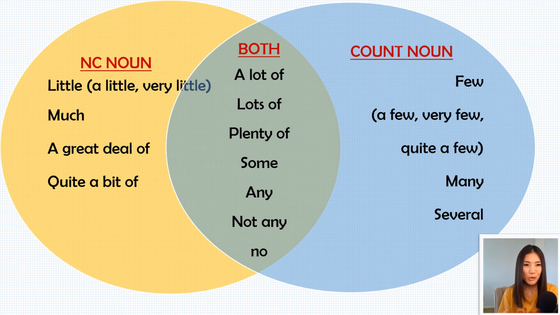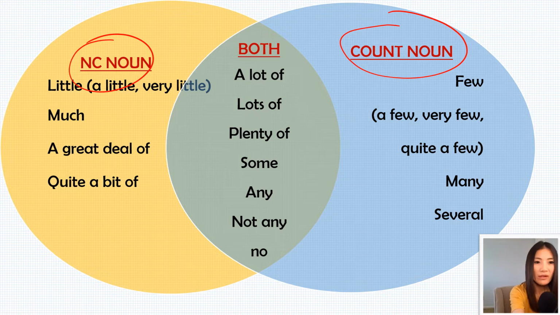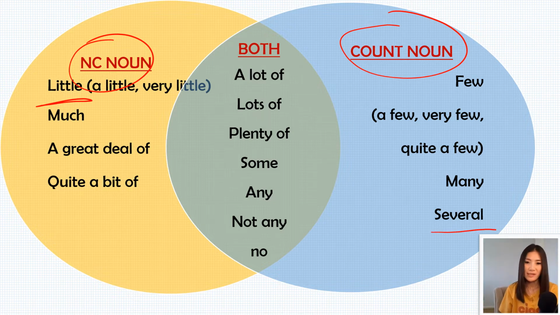This diagram shows quantifiers that you can only use with non-count nouns, right here in the yellow, or only with count nouns here, or for both. For example, I can say I have very little time, and I can only use the word little with a non-count noun. Or to the right in the blue section, I can say I have several friends who go to this school.